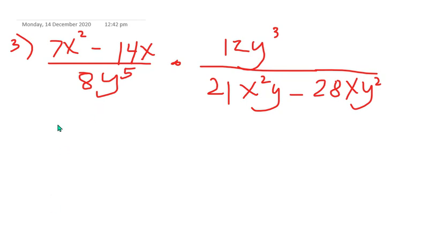Okay? So we're going to factor, and the common factor here is 7x.